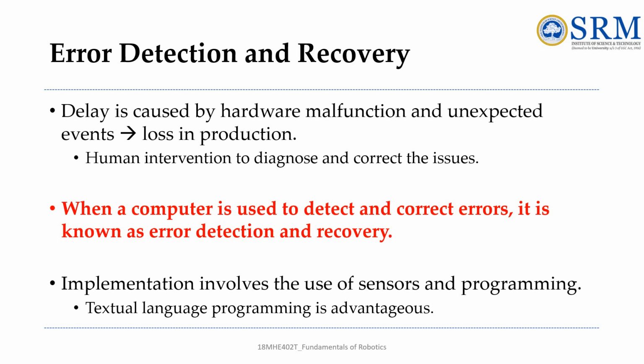There is a growing trend in automation and robotics to enable the system itself to sense these malfunctions and to correct for them in some manner without human intervention. This sensing and correction is referred to as error detection and recovery, and it requires that a decision making capability be programmed into the system.